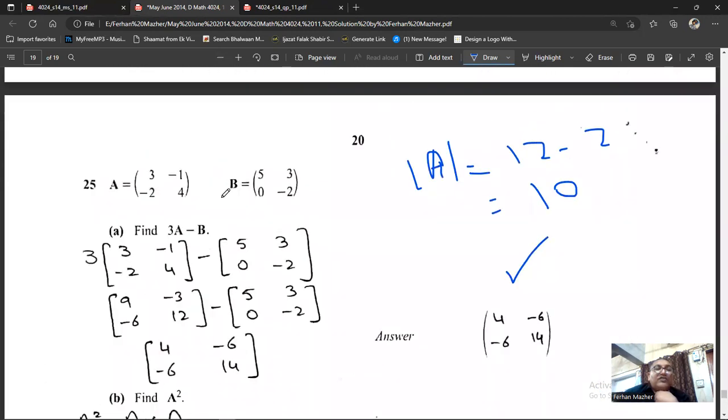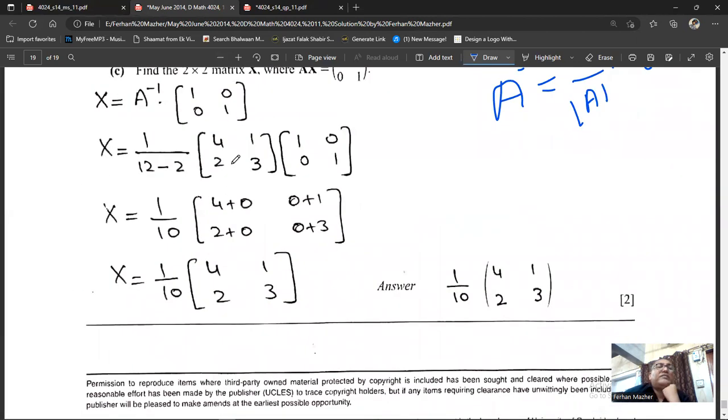Okay. So here you see 1 by 10, and this is the adjoint. And for the adjoint, we change the position of these two, and we change the sign of these two. Okay. So the adjoint will be [4, 1; 2, 3] into [1, 0; 0, 1]. So 4 1s are 4, from here I will take the row, from here I will take the column.